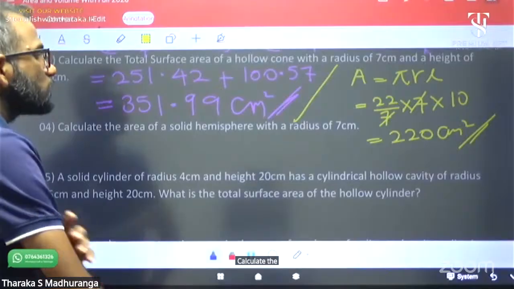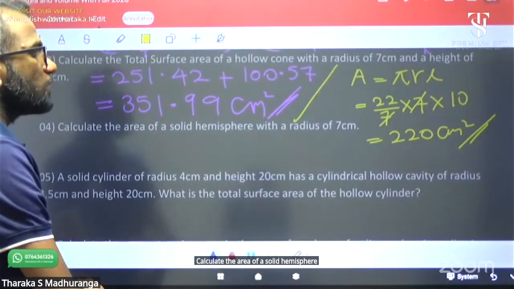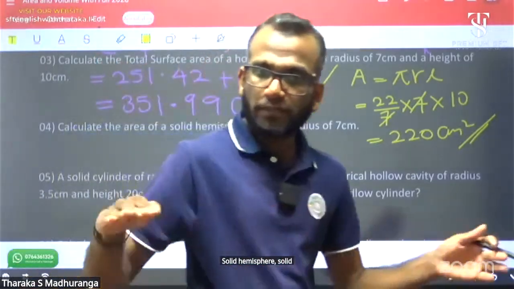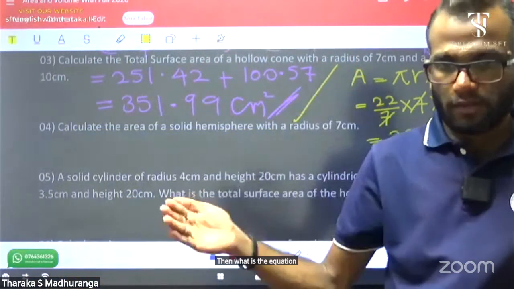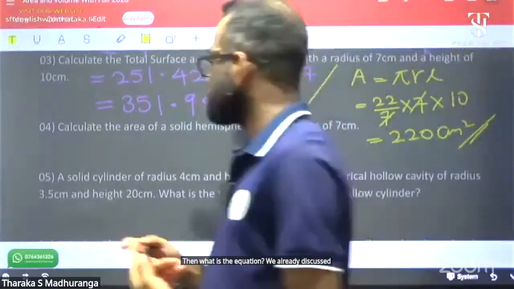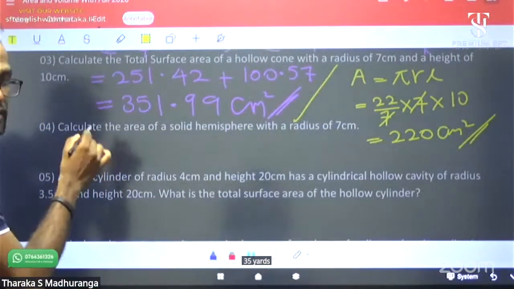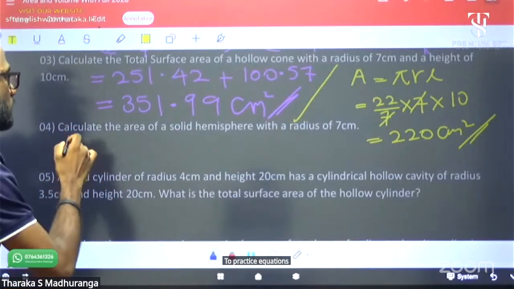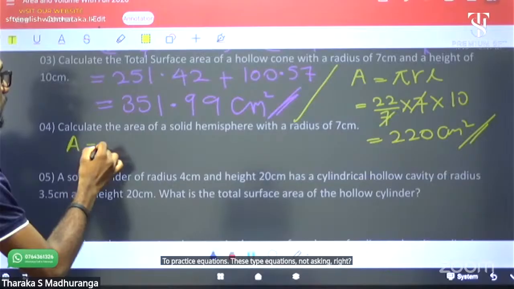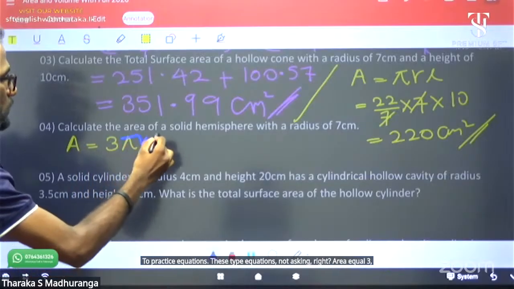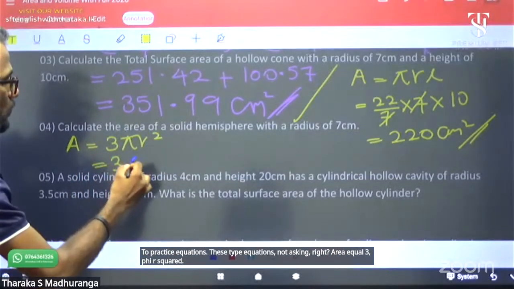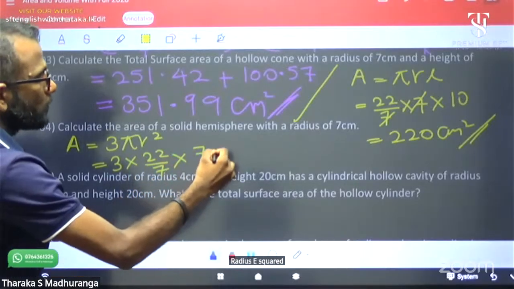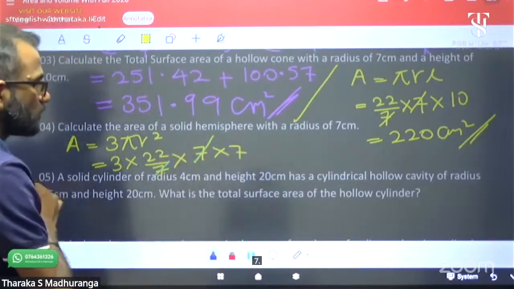Calculate the area of a solid hemisphere with a radius 7 centimeter. Solid hemisphere. Then what is the equation? We already discussed: 3 pi r squared. What's the purpose of these questions? To practice equations. This type of question is not asked, right? Area equal 3 pi r squared, 3 into 22/7, radius squared 7 into 7. 7 and 7 cancel.